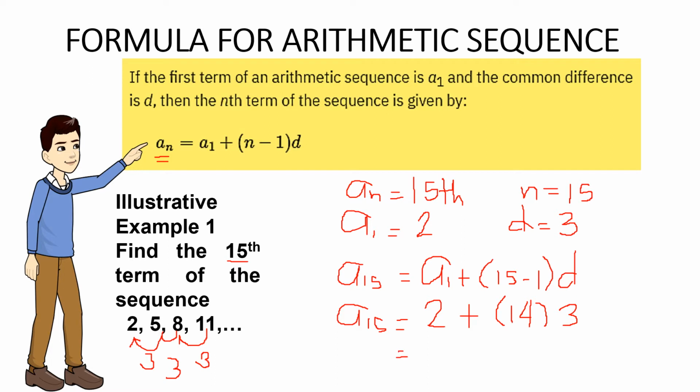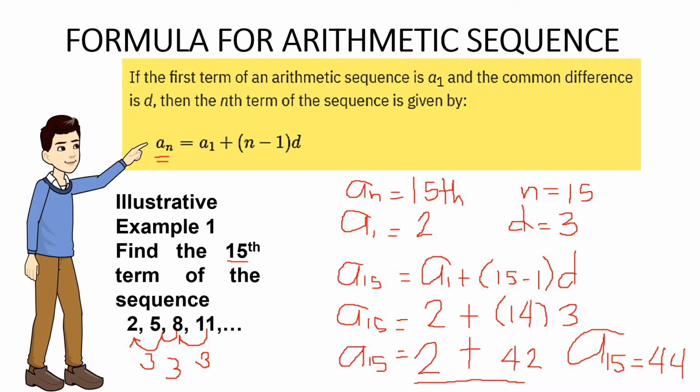So meron tayong a sub 15 equals 2 plus 14 times 3. The answer is 42. So add lang natin. 2 plus 42, we have a sub 15 equals 44. So this would be our 15th term.